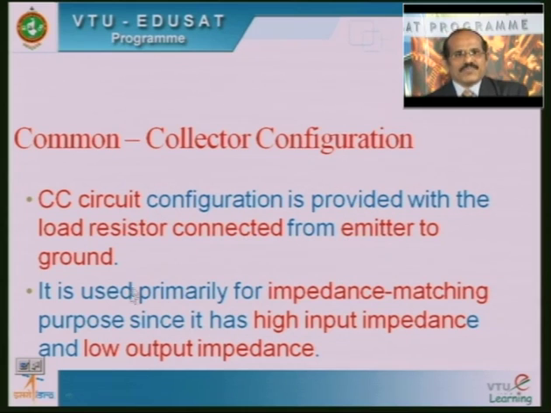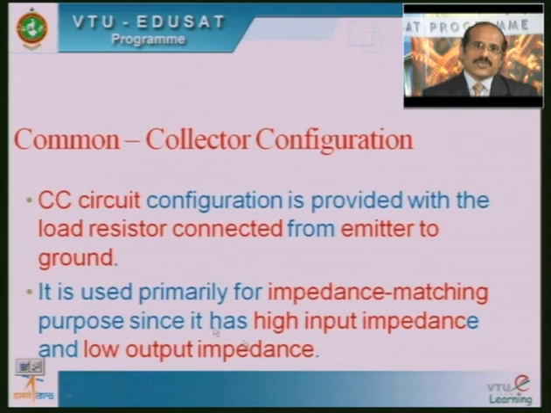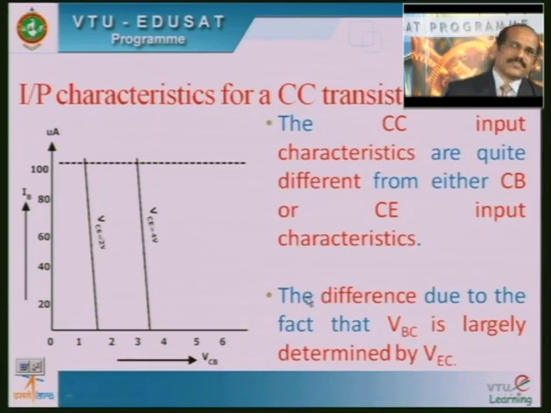It is used primarily for impedance matching because it has very high input impedance, very low output impedance, voltage gain of 1 and very high current gain. It is because of these 4 parameters.